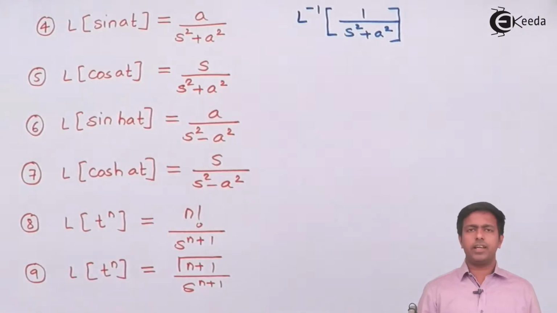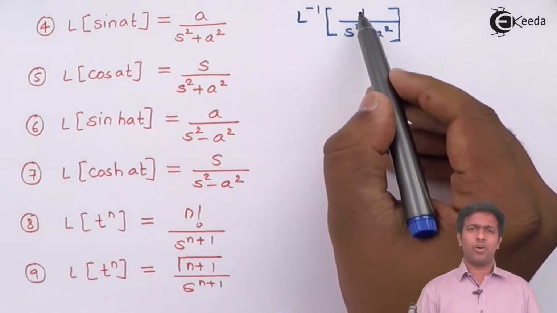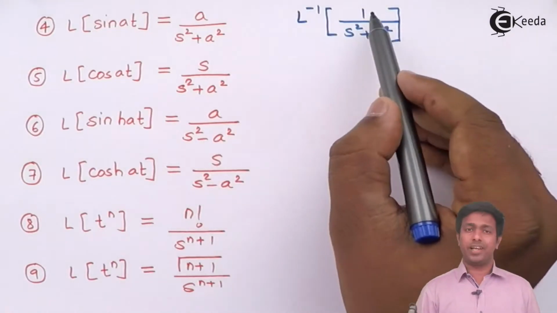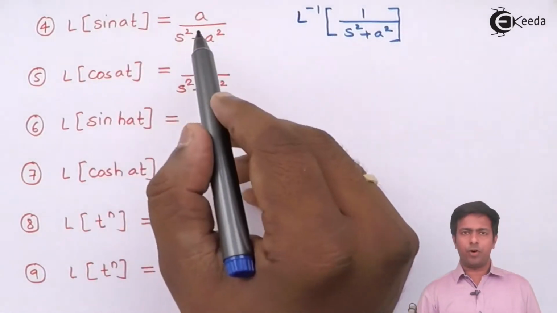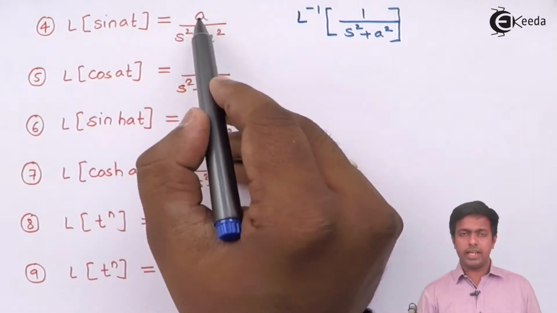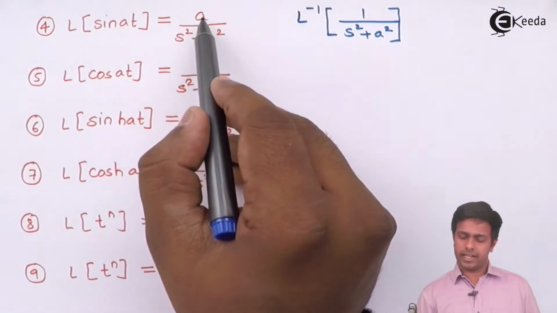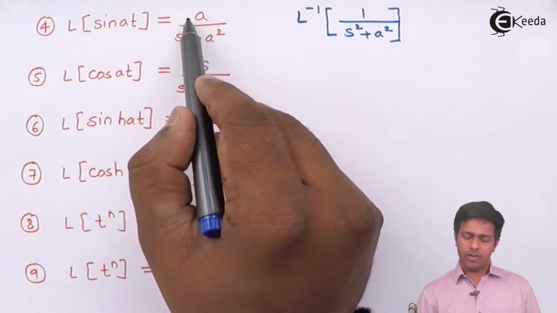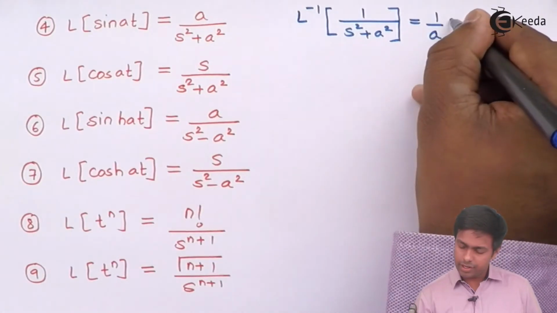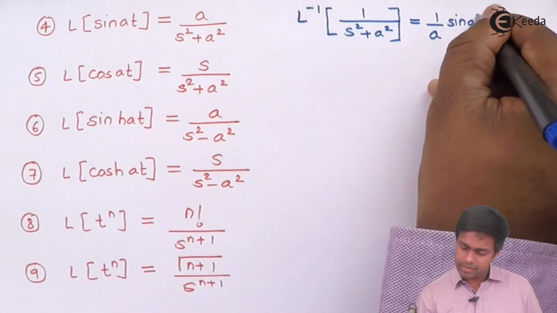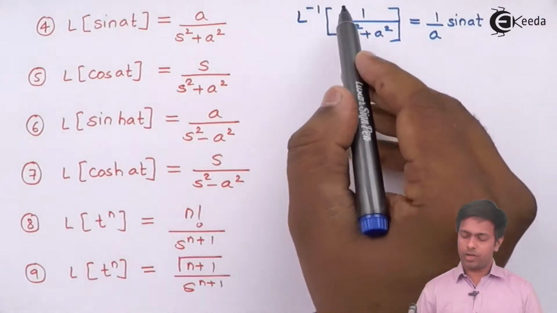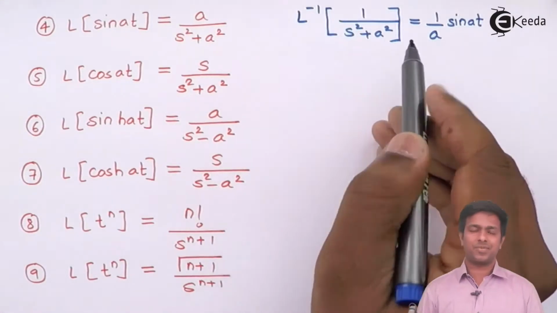Let's say some number is coming, 3 or 4 or 5, you will take it outside. So here you will get 1. I'm considering the same formula. If I'm shifting L inverse here, and instead of a I'm taking 1, it means I'm shifting that a outside, and that a will come to the LHS, and that will become 1 upon a into sine of at. This is the formula of L inverse of 1 upon s square plus a square.